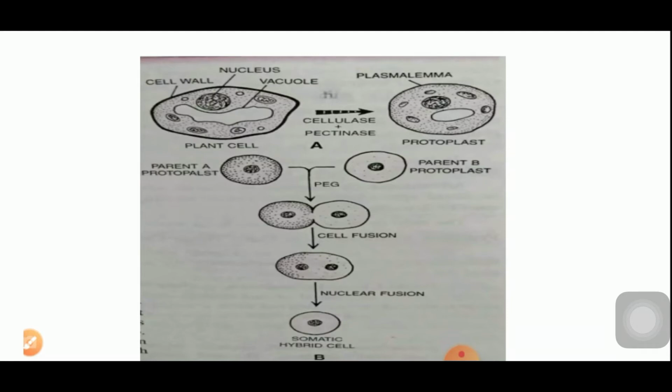These two plants were crossed by Carlson and his collaborator. Later on, he also produced somatic hybrids between Brassica, Petunia and Solanum. These are some other plants where somatic hybridization was successfully done.